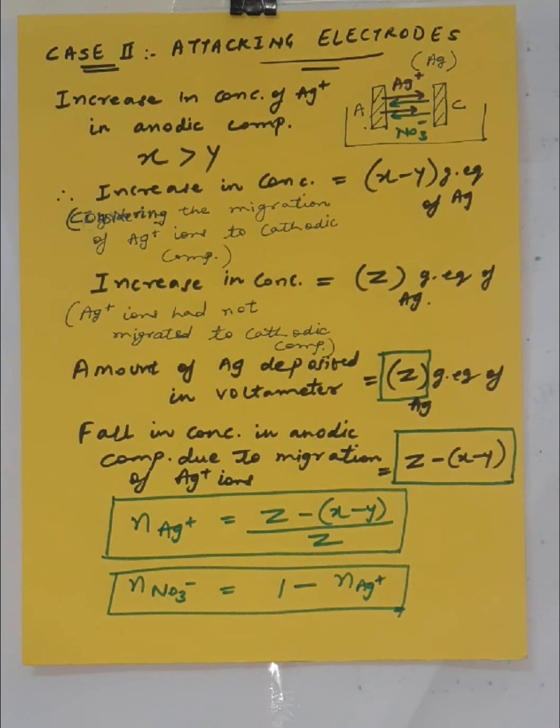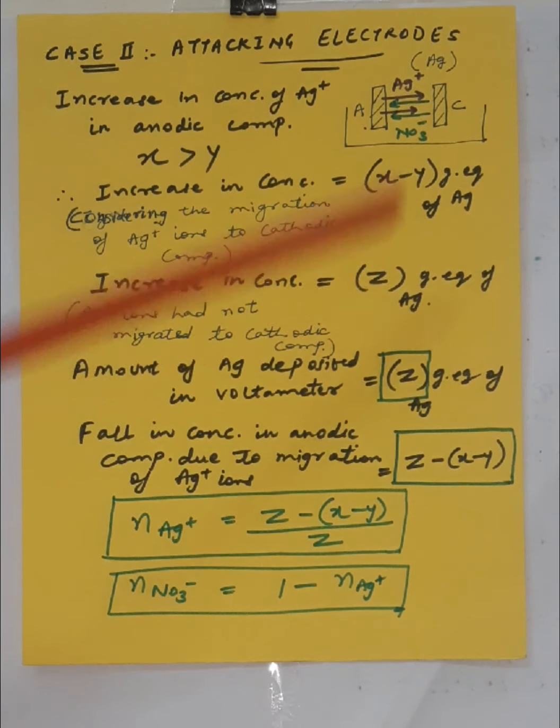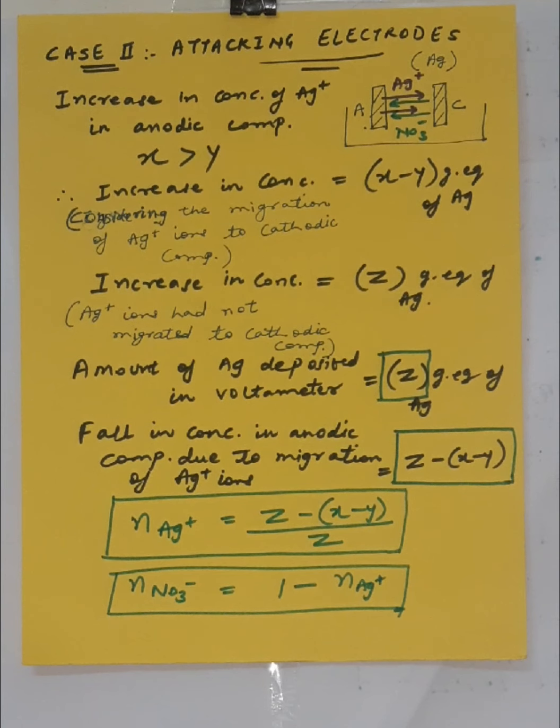Yes, it would definitely be higher. Let us say that higher concentration value is equal to Z gram equivalent of silver. So now overall I can say the fall in concentration in the anodic solution due to migration of silver ions will be equal to Z minus X minus Y.